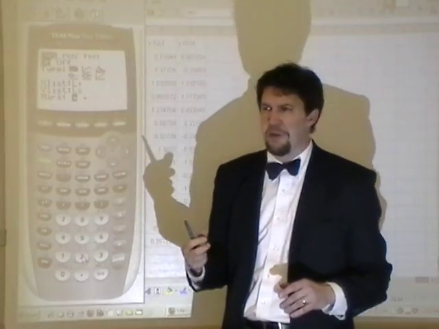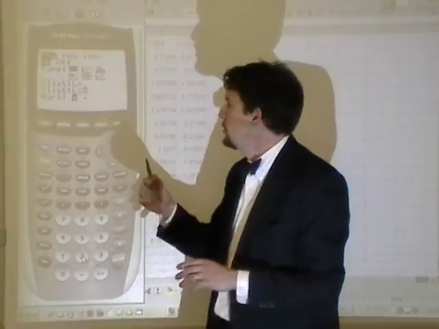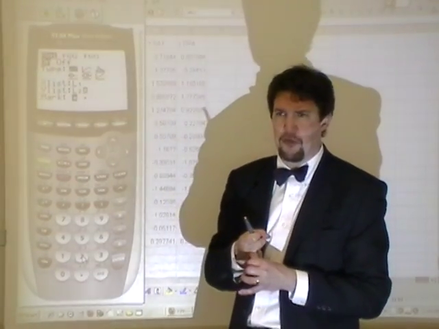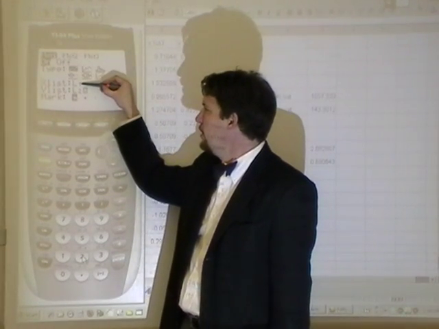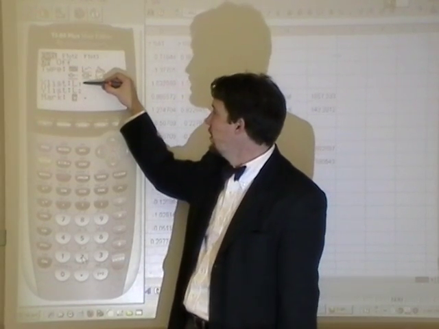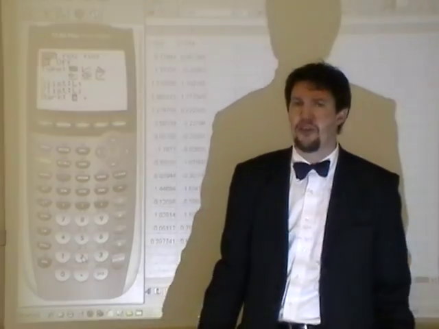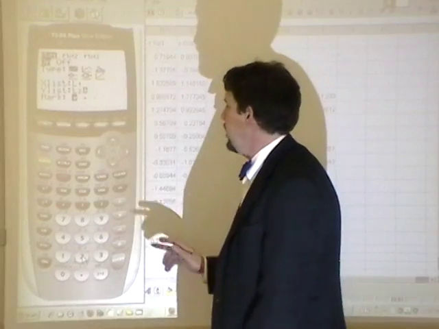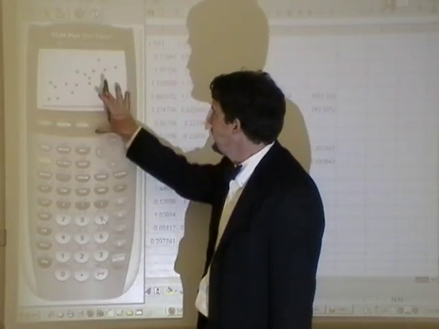L1 is going to be my explanatory variable, which is my SAT scores. L2 is my y-axis, which is my freshman year GPA. I'm saying that L1, my SAT scores, is going to predict the freshman year GPA. That's the explanatory and response variable. And because my graph is probably wrong in some way, I will zoom, stat, zoom 9, and I get that scatter plot.